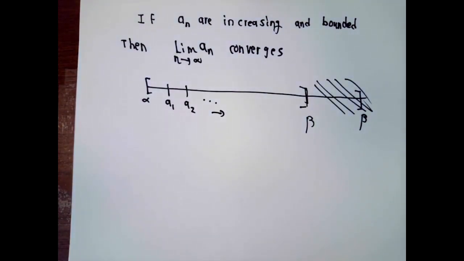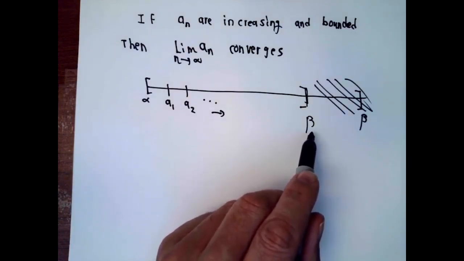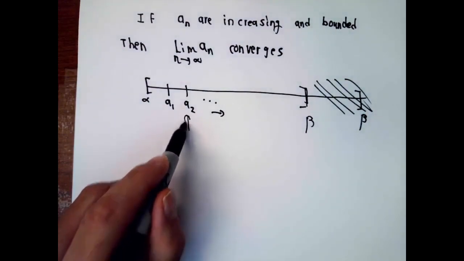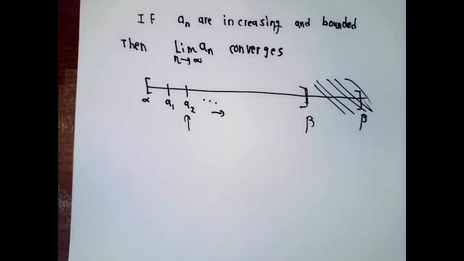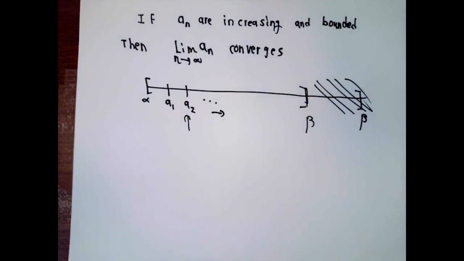This can't continue forever, though. I can't push the right-hand end of my interval too far, or I'll begin running into some of the a numbers. Out of all possible right ends, I'm going to call the smallest one capital L.